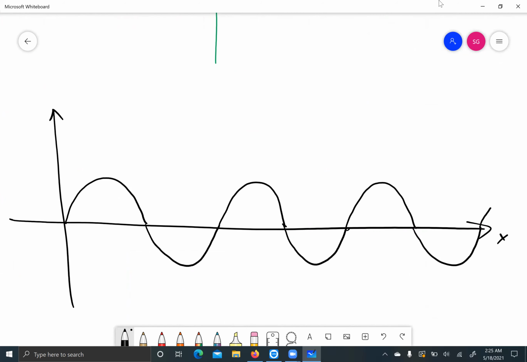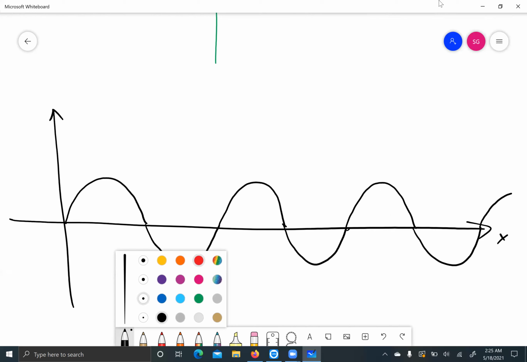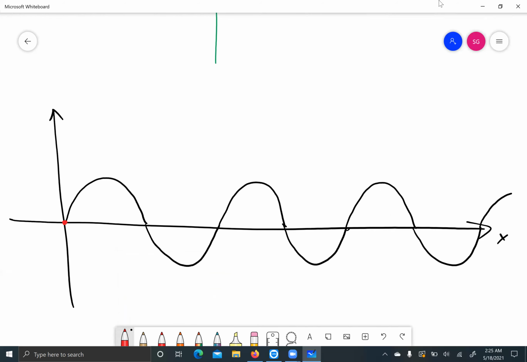It never stops, right? So look, what do you observe here? The shape starts from the origin, it goes up to height 1, then it comes back to 0. It goes all the way down to -1, and then it comes back to the x-axis again.